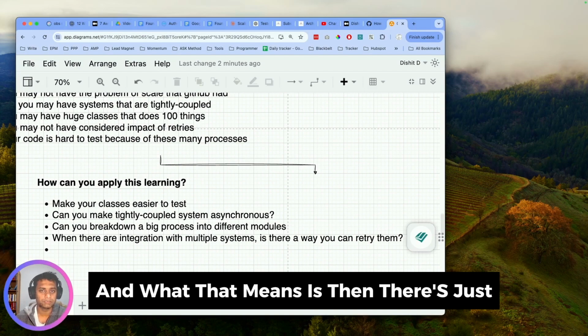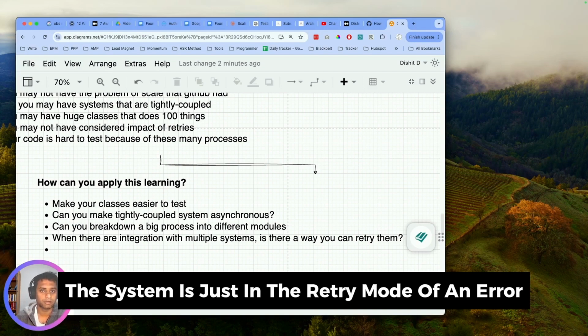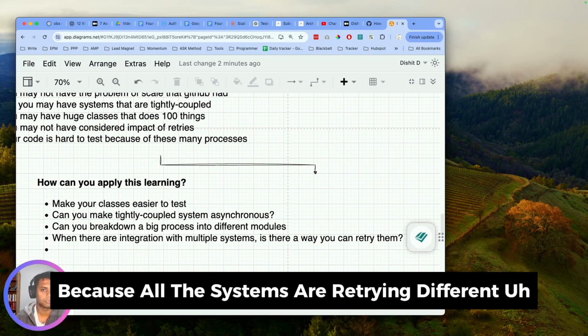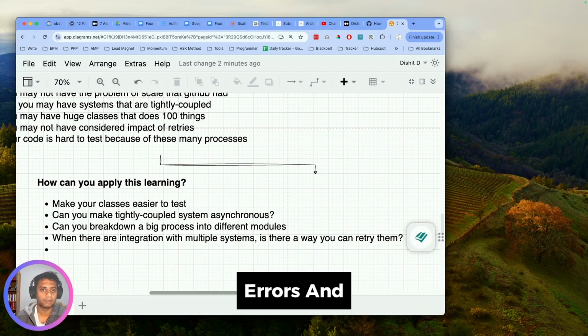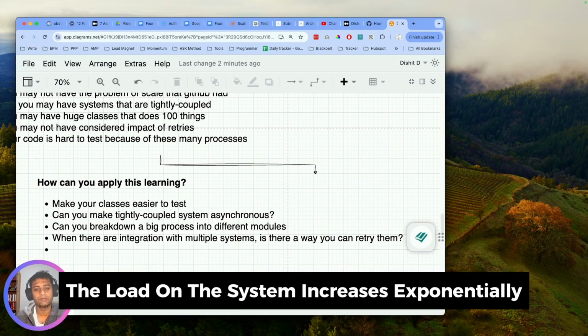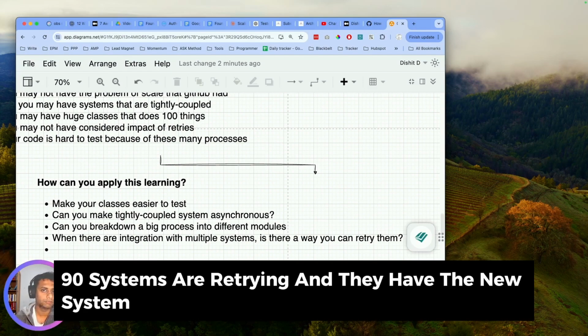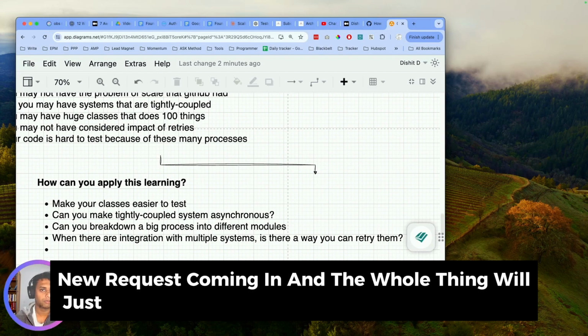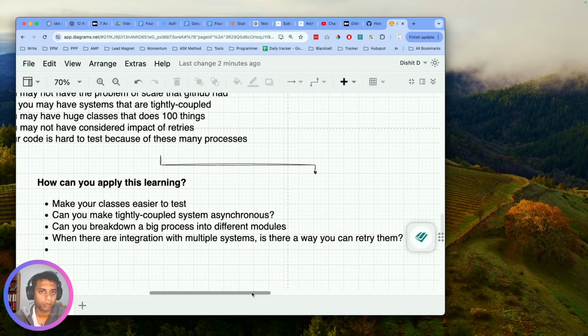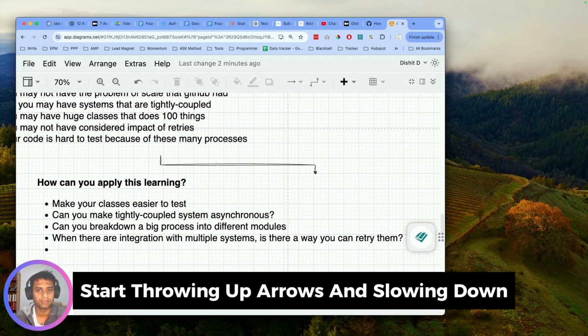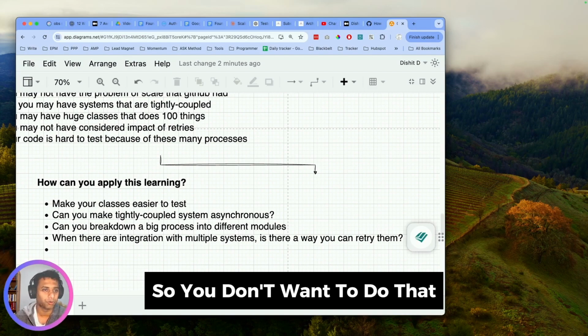And what that means is the system is just in a retry mode if an error occurs, because all the systems are retrying on different errors. The load on the system increases exponentially when something goes wrong, because each system is retrying, and new requests are coming in, and the whole thing will just start slowing down and throwing errors.